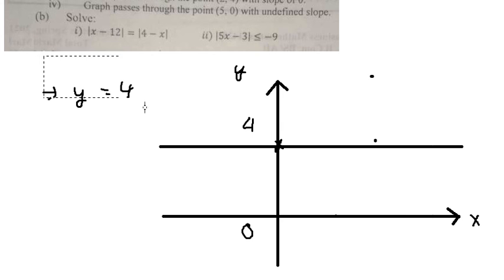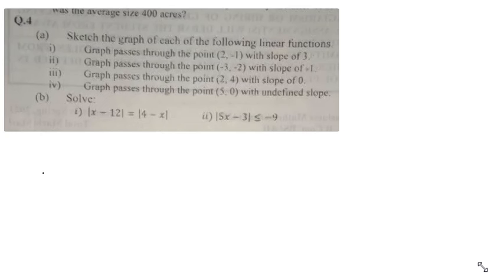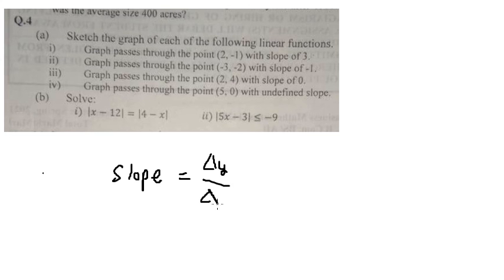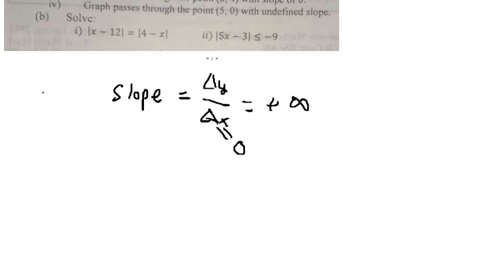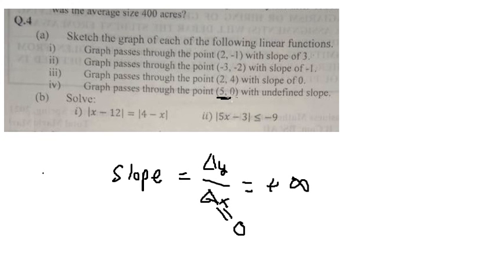Now let's go to the last one. The graph passes through the point (5, 0) with undefined slope. Undefined slope means the slope, we have delta y over delta x. If the slope is undefined, that means they go to positive infinity, or delta x equal to 0. So we have the point they go through, that's (5, 0).